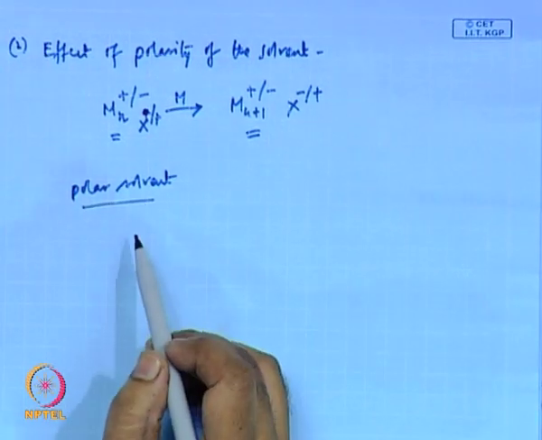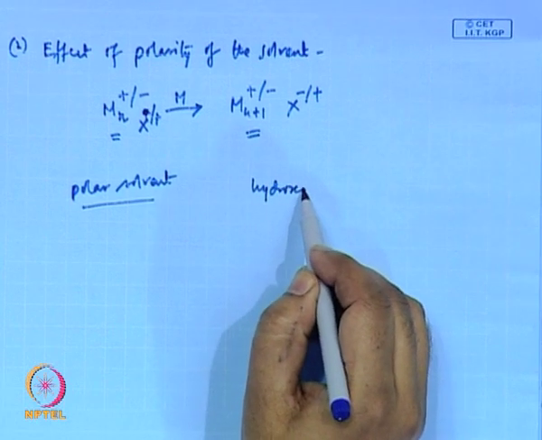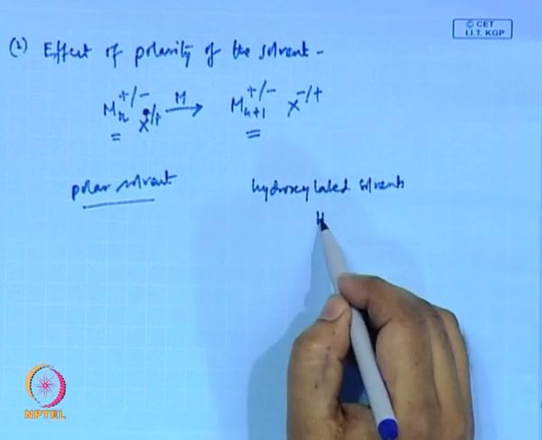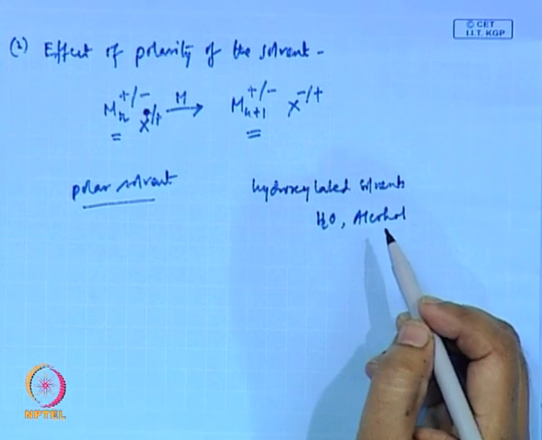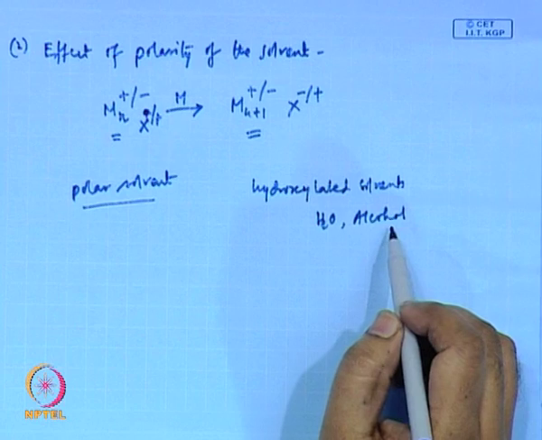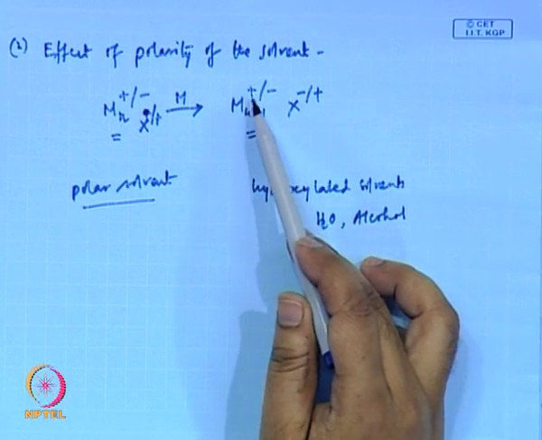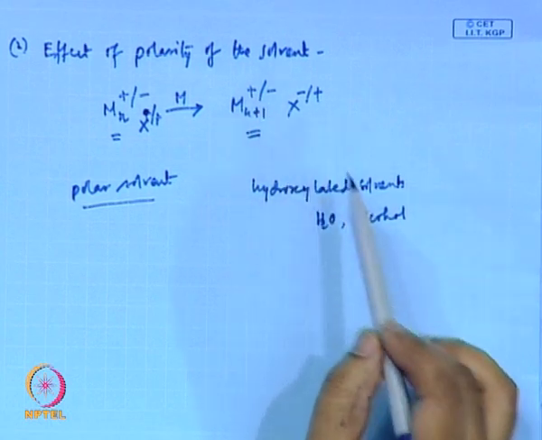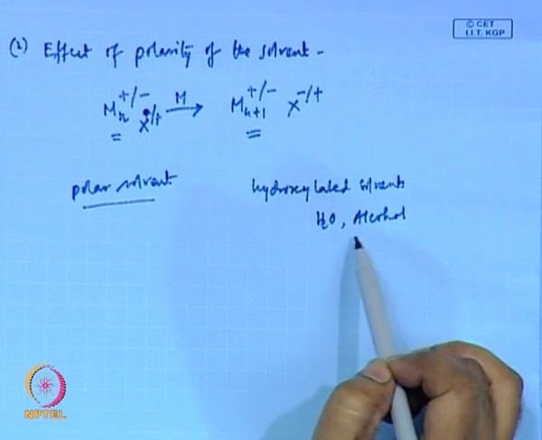Now, often if you use polar solvents, for example hydroxylated solvents like H2O or alcohol, these react very effectively with the ionic species and stop the chain. These ionic centers are destroyed by reaction with these hydroxyl molecules, H2O or alcohol.